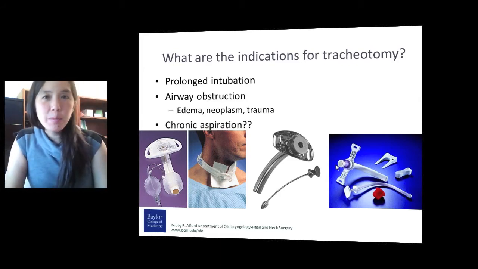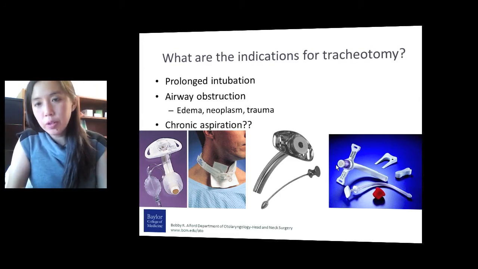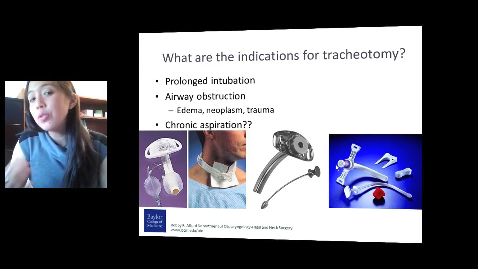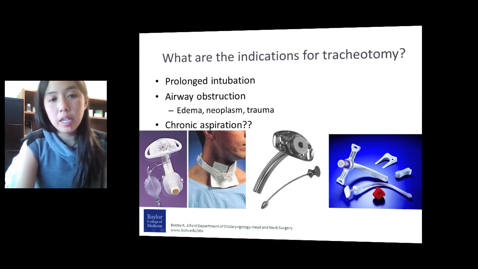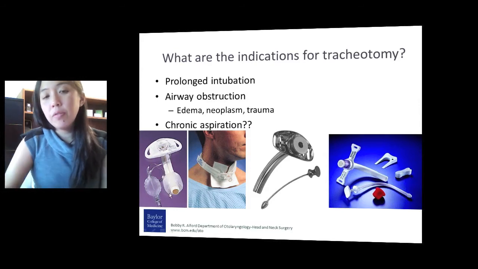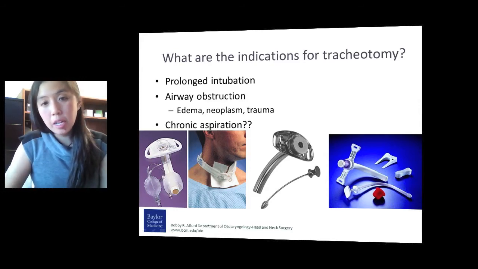Is chronic aspiration a reason for tracheotomy? The answer is no. Even if you place a cuffed tube, this is a picture of a cuffed tracheotomy tube, it does not prevent aspiration, despite what you might hear. The patients may still aspirate.